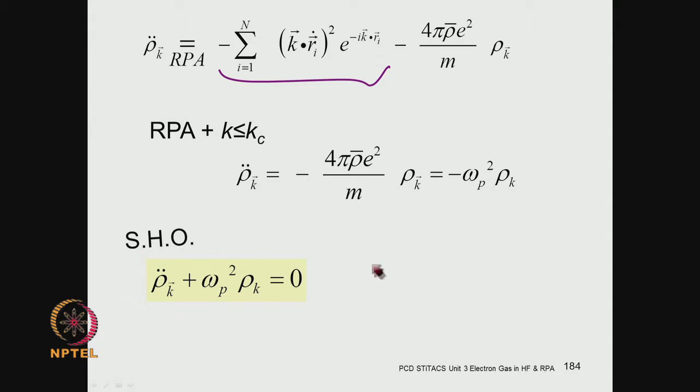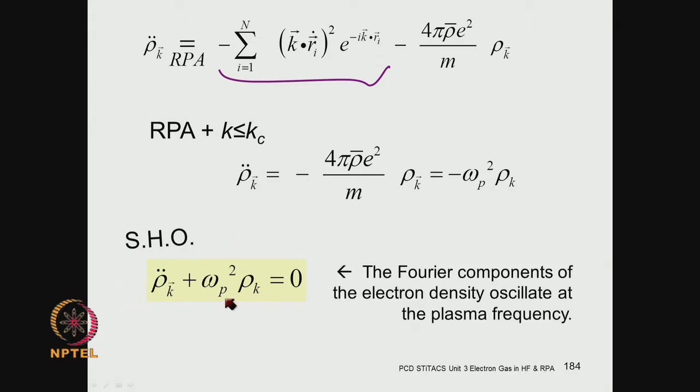So, this gives you an equation of motion for the simple harmonic oscillator, and it is an equation for how the Fourier components of the electron density oscillate at a certain frequency which is called the plasma frequency, because this is the frequency of oscillation of the entire electronic plasma. Okay. So far so good.